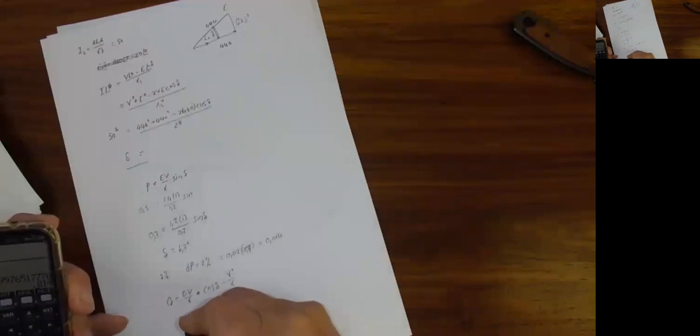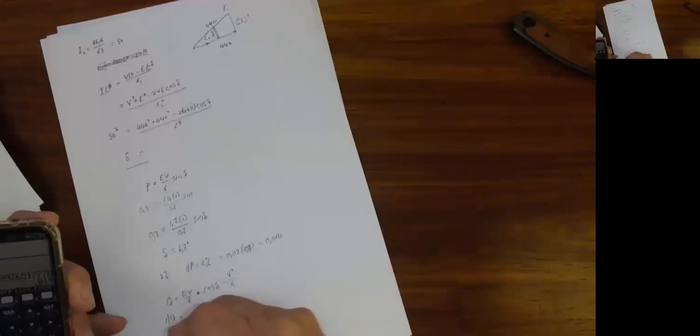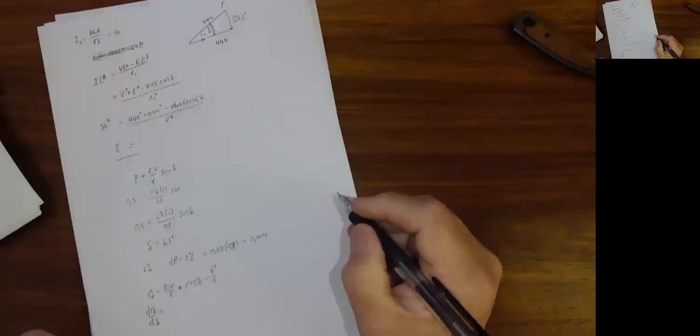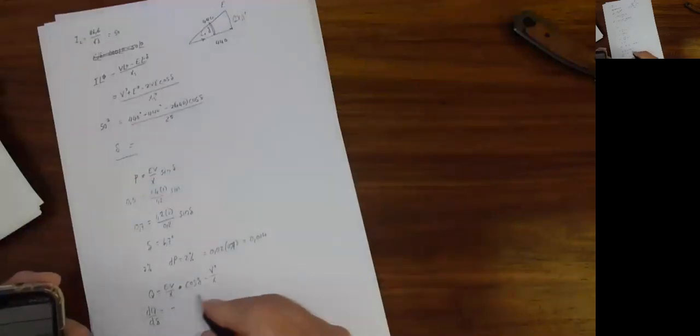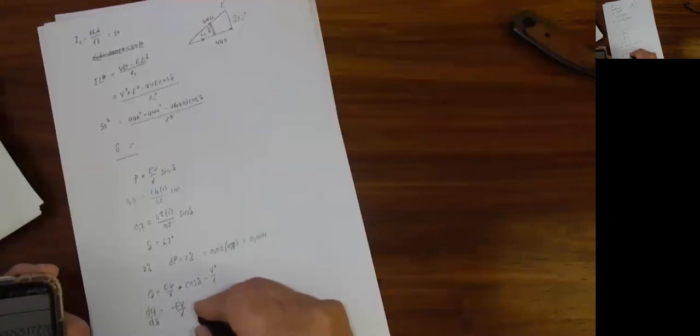Now, we can calculate dQ with d delta, because that's the change, and that gives you minus EV over X sin delta, you agree? Yes.